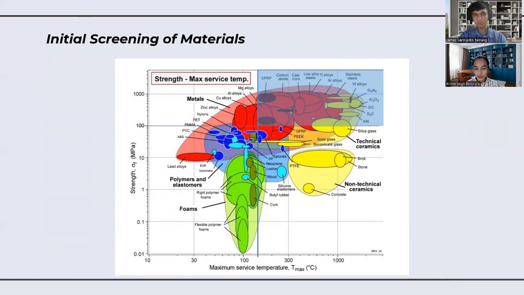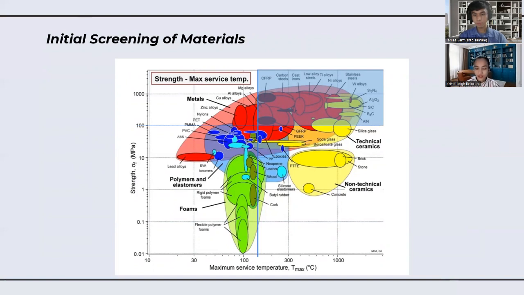Based on the Ashby plot, the materials that are appropriate to use in designing the reactor are carbon fiber reinforced polymers, carbon steels, cast irons, low alloy steels, titanium alloys, nickel alloys, stainless steels, tungsten alloys, silicon nitride, aluminum oxide, silicon carbide, boron carbide, aluminum nitride, silica glass, glass fiber reinforced plastics, polyether ether ketone, magnesium alloys, and aluminum alloys.